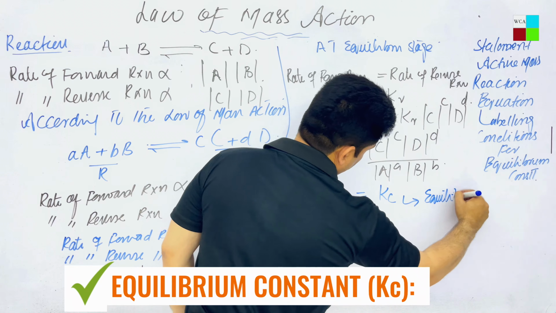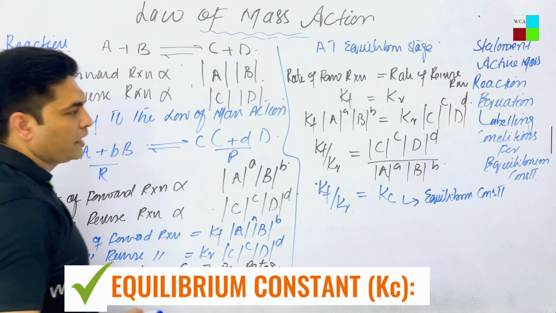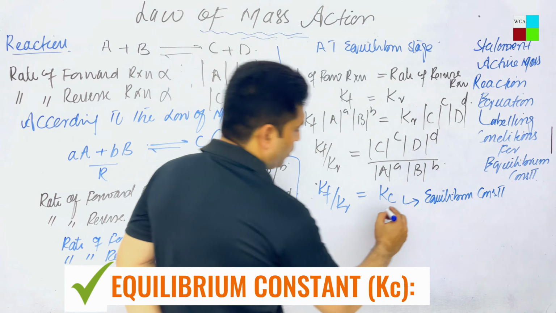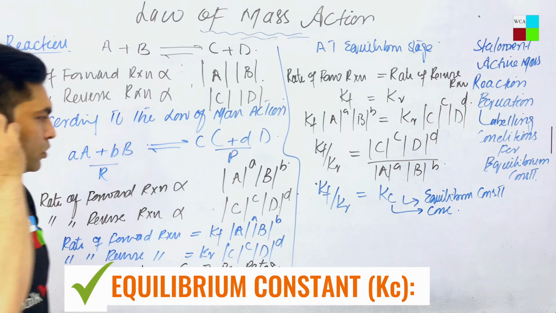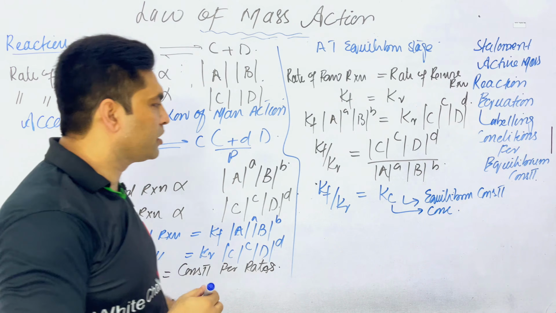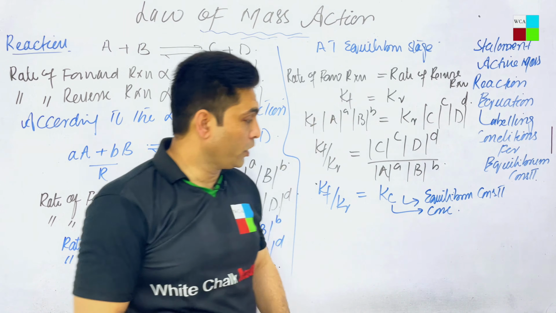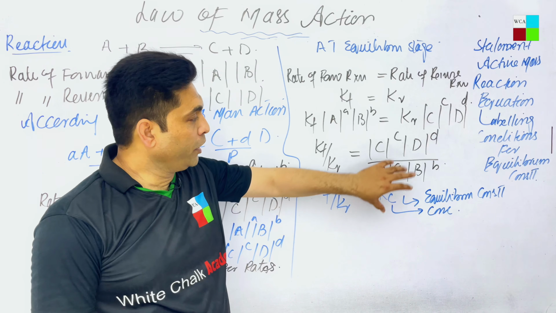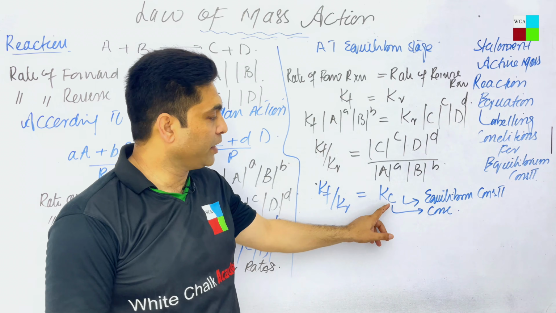Equilibrium constant. What is Kc? Equilibrium constant, where c shows concentration. Now keep in mind this point is quite important: if we take the species in mole per dm cube, we will write c.